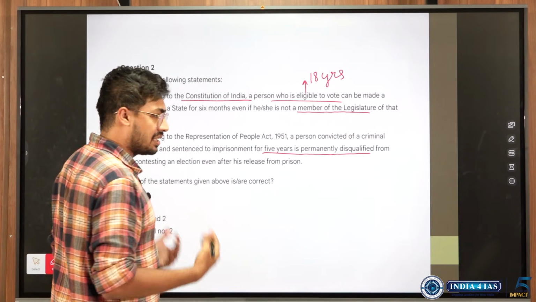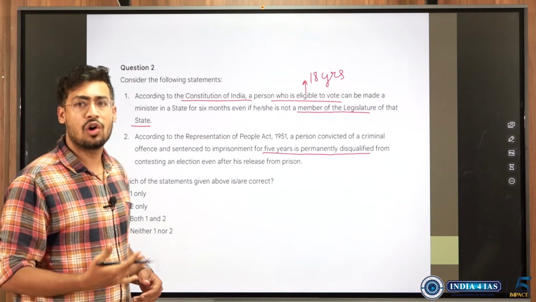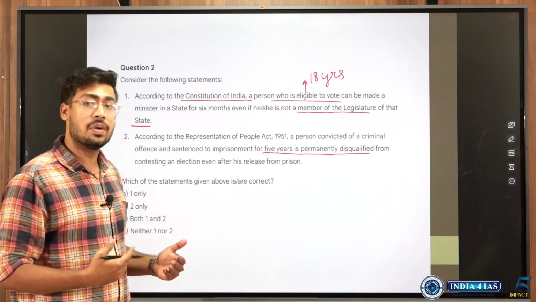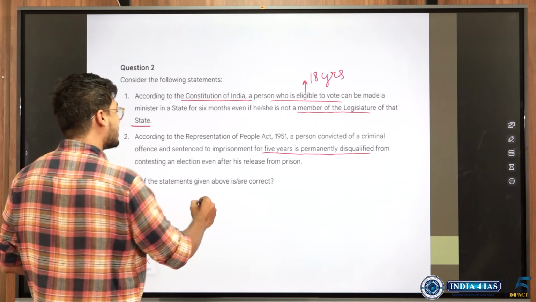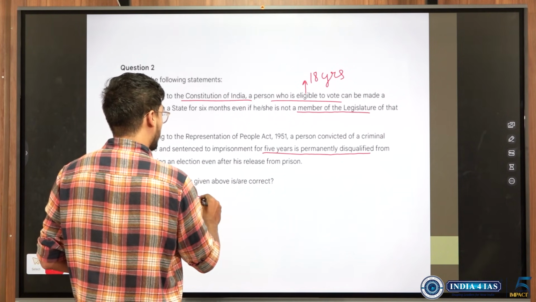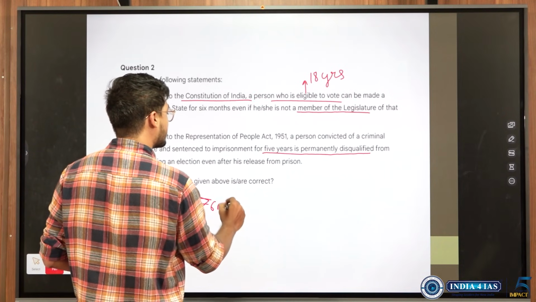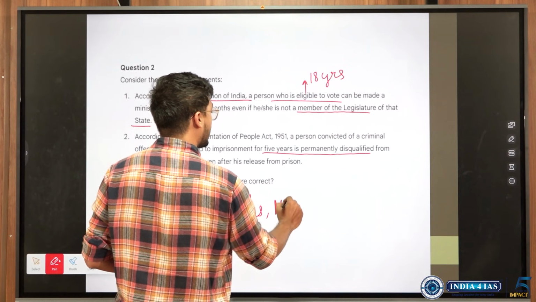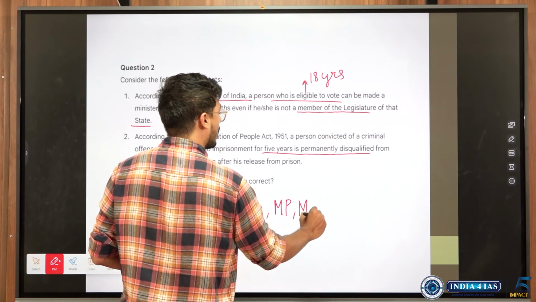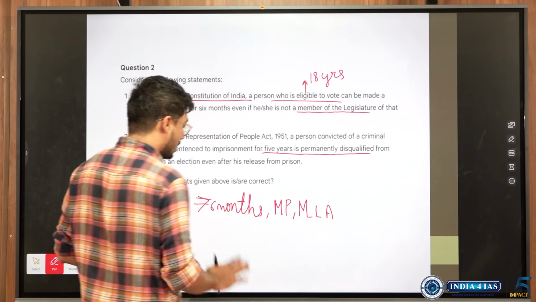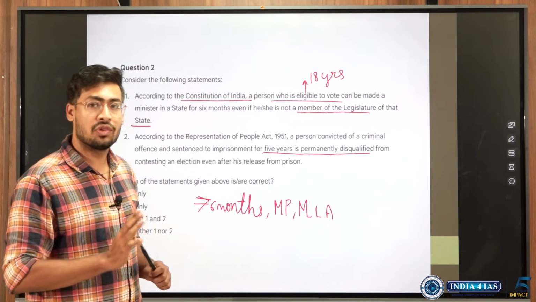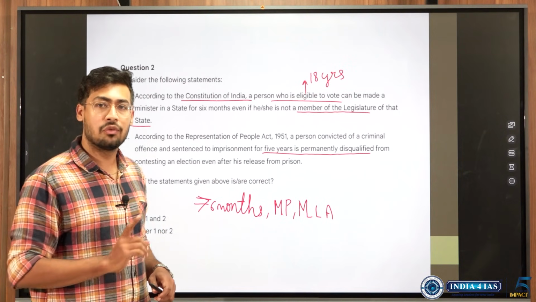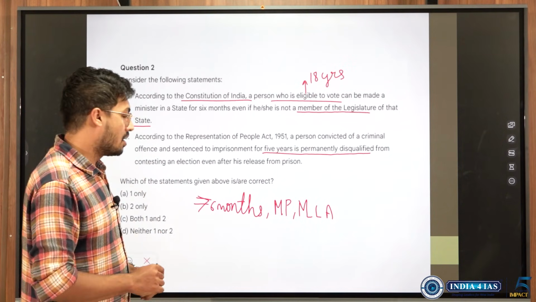We know that a person can be made a minister for a maximum duration of 6 months even if he is not an MP or MLA, but within that maximum duration of 6 months. So within 6 months, he will have to contest an election and win if he has to retain the seat of the minister.